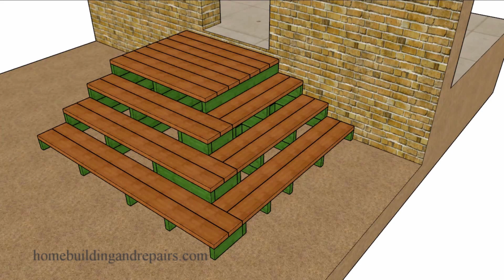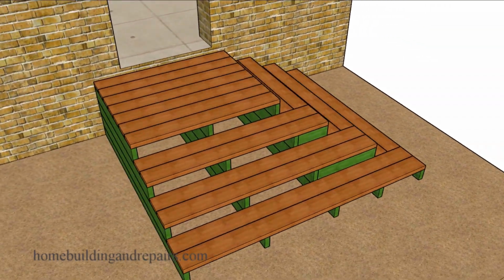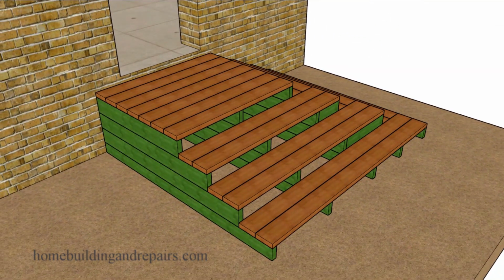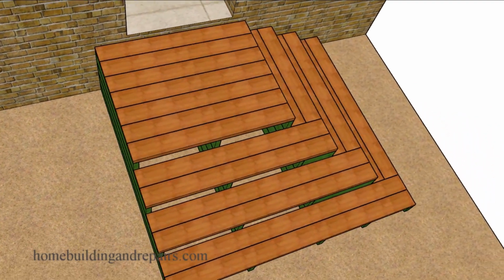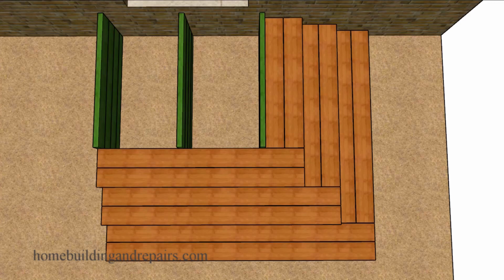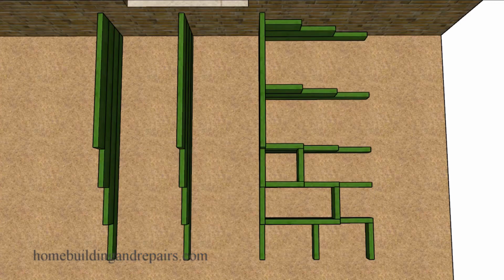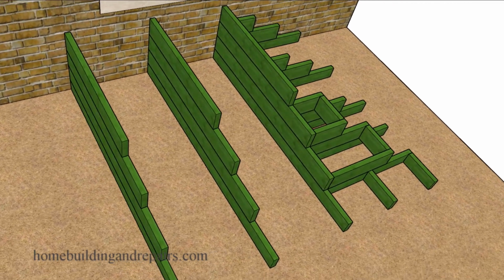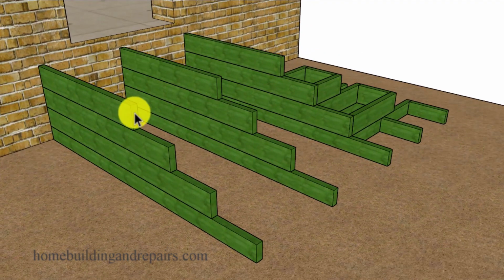In this video, I will provide you with another project that you might be able to build without a lot of complicated math or calculations. And we're simply going to have a deck with 3 steps. And the beauty of this is that you're going to be able to use 2x6 or 2x8.